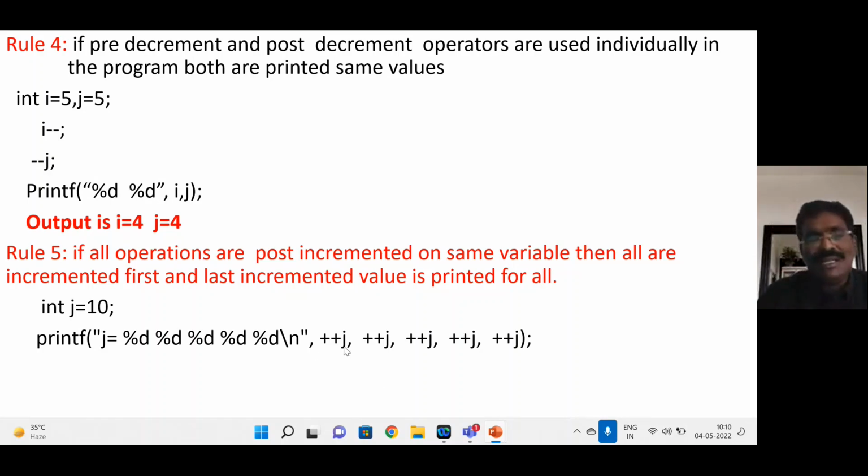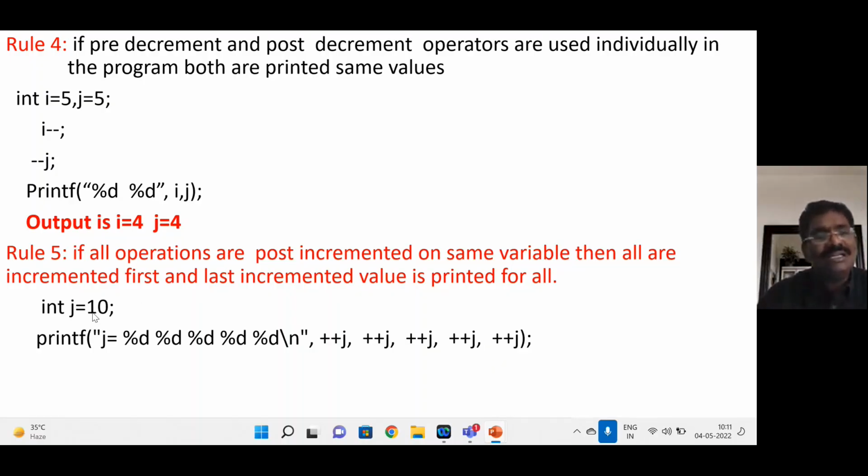So you see j++, j++, j++, j++, j++. But here first all the j values are incremented from right to left. So first all 5, the same variable we are using 5 times.